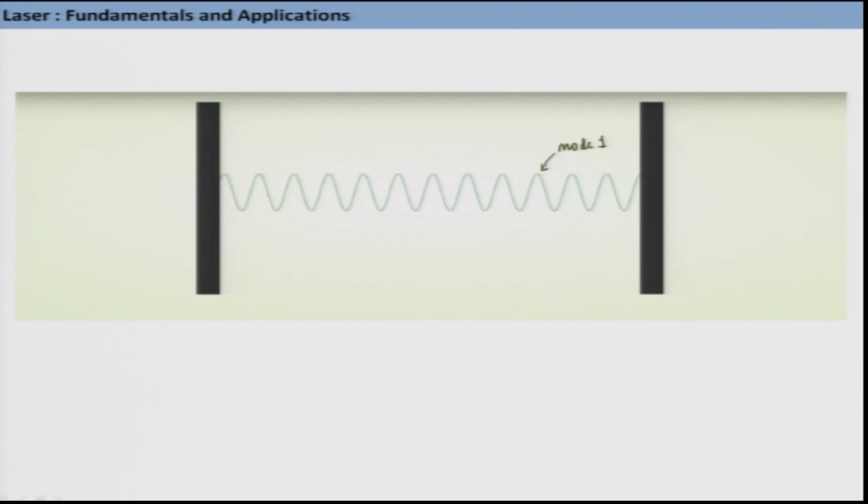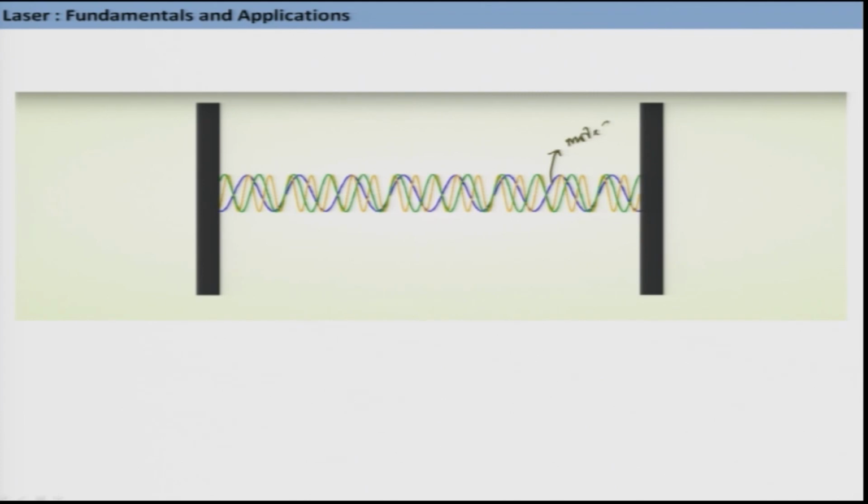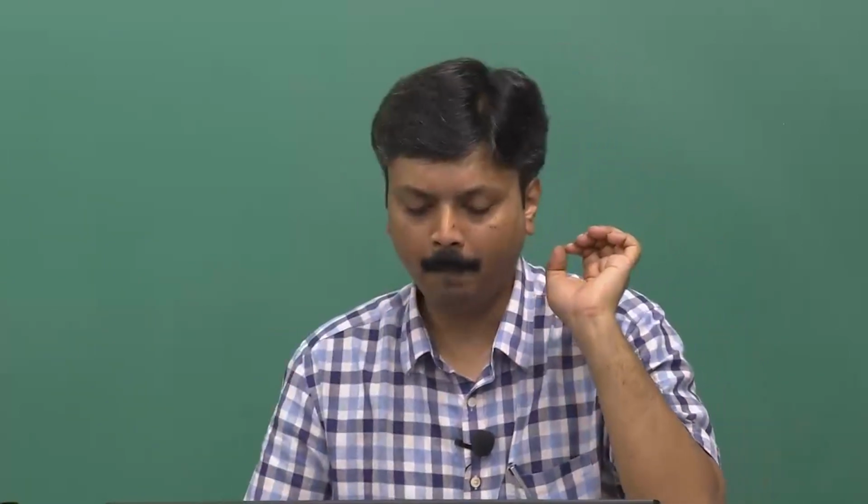Now, let us have a look at another possible mode, shown in orange color. This is my mode 2, and if we keep going, this blue one is mode 3. Let us have one more, this red color, mode 4. I can have several such modes, like I said, 10 to the power 3 to 10 to the power 4 modes. For simplicity, let us consider 4, which will be good enough to explain our problem.